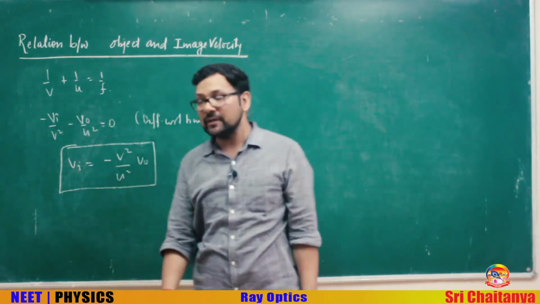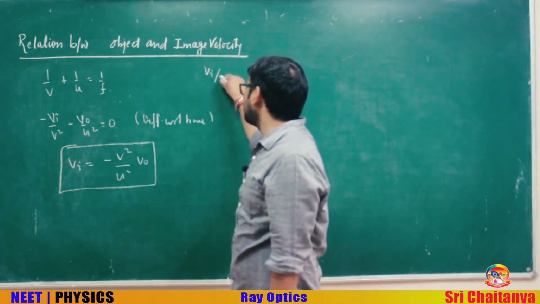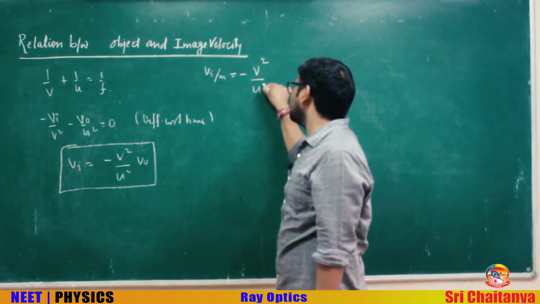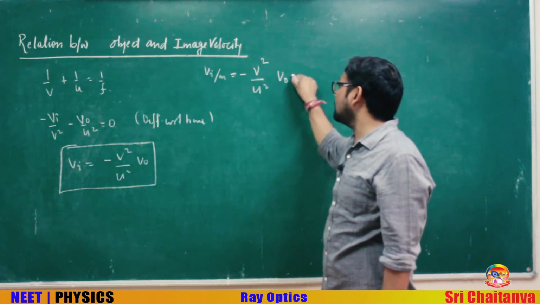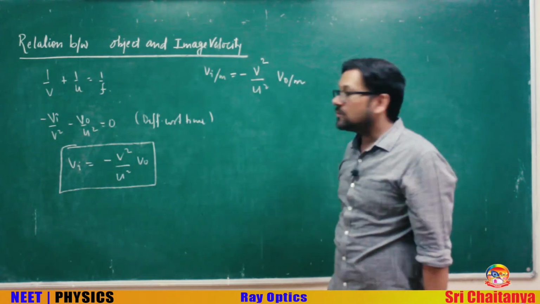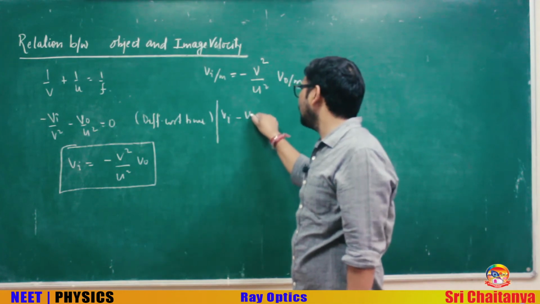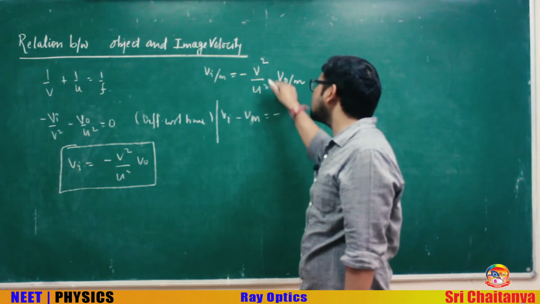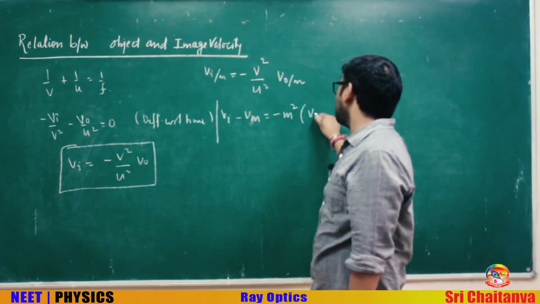And then what will happen? This vi with respect to mirror is minus v square by u square, which is obviously the image distance and object distance, into the velocity of object with respect to mirror. So you will write vi minus vm is equal to minus m square into vo minus vm.